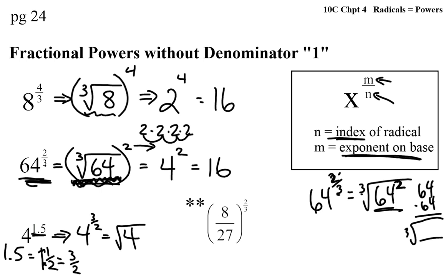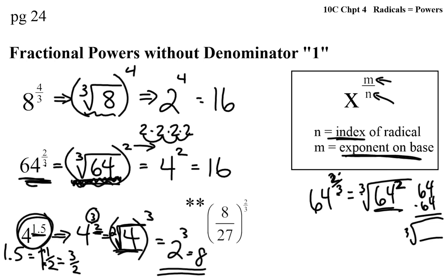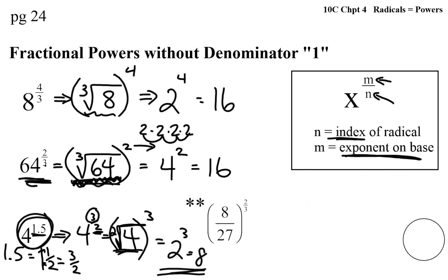Radical with the radicand of 4. Our index is 2. Do I even need to put an index of 2? I really don't, because square root means 2. If it's there, it's not wrong. I want to do that calculation, and then I want to apply the exponent 3. What's the square root of 4? It's a 2, and we want to cube that, which is 8.